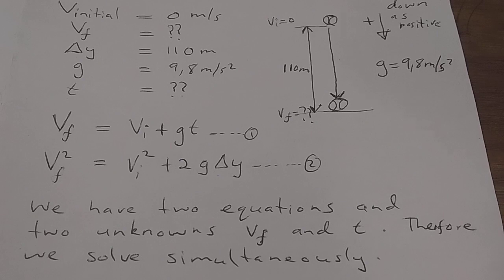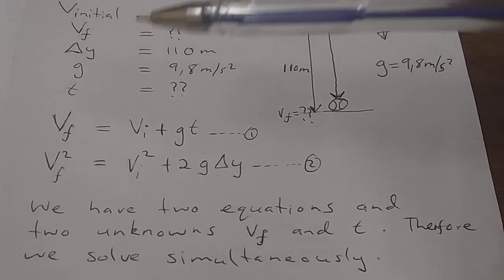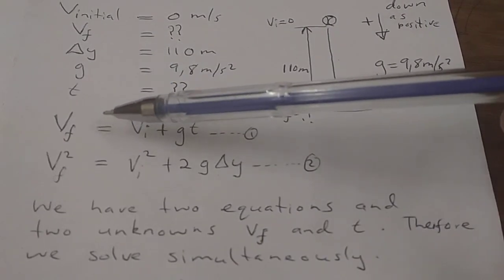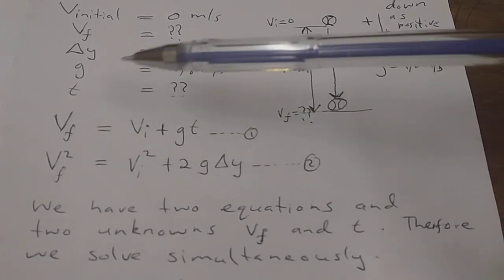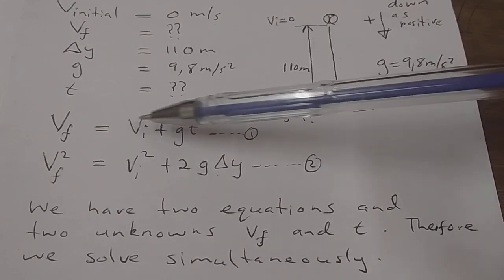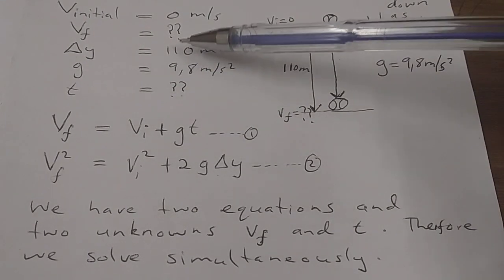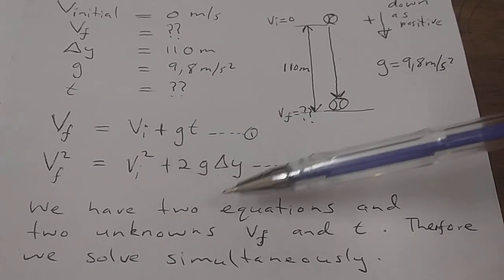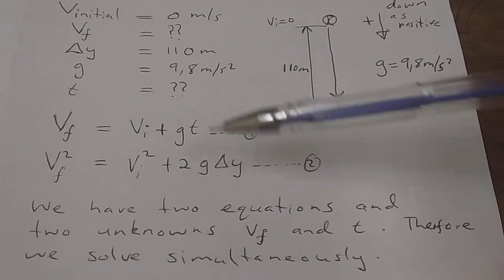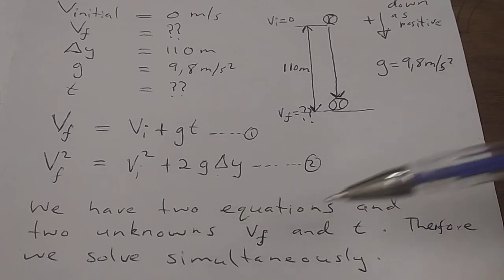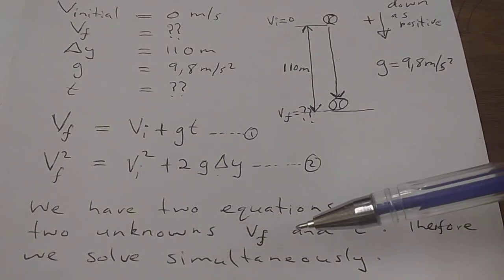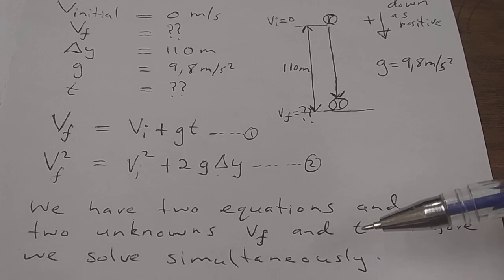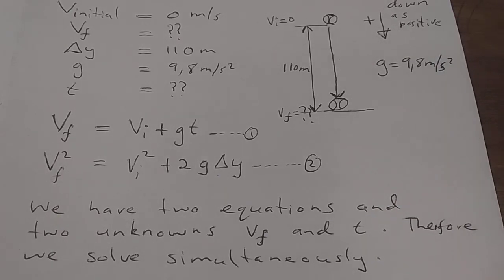So like I was saying, we have VF, which we are not told what it is, it's unknown. And we have V initial, we know it's 0. So it's a matter of just substituting the values and plugging in, and then we solve simultaneously. We have 2 equations and 2 unknowns, VF and T. These are the unknowns. So therefore we solve simultaneously.